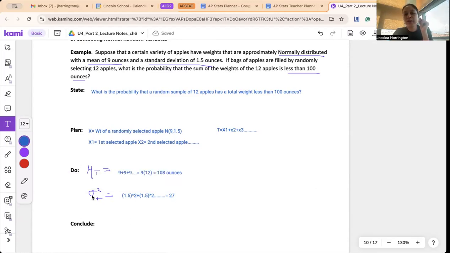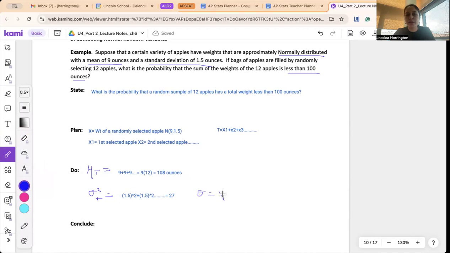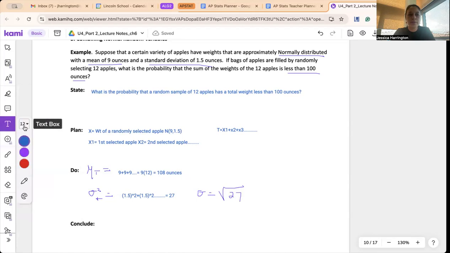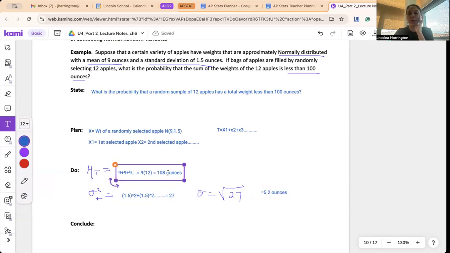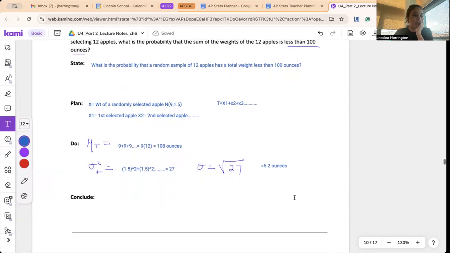You'll notice the variance is just the standard deviation squared, so if I want the standard deviation, I can take the square root of 27, which ends up being 5.2 ounces. So we expect 12 apples to weigh 108 ounces with a standard deviation of 5.2 ounces.